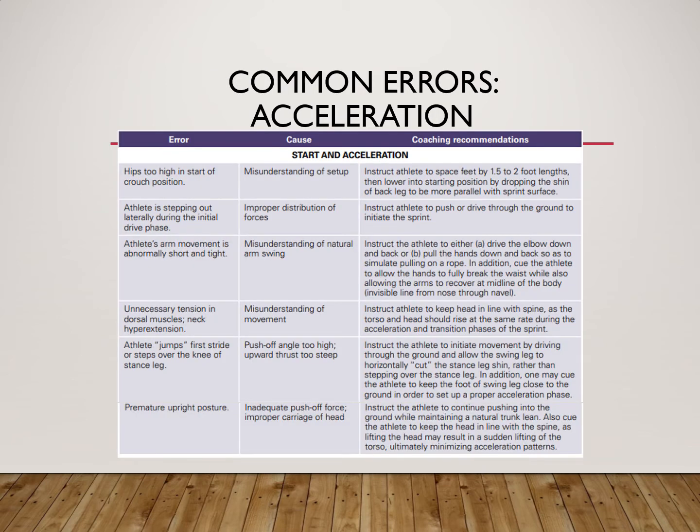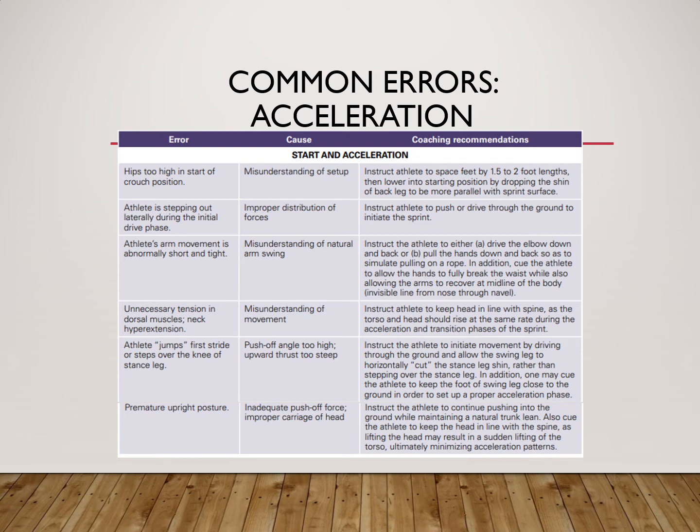Now, some common errors that can be found are listed here. Obviously, you can read these in a lot more detail in your own time, but a key thing to think about is hip position. If the hips are too high, it can lead to an inefficient application of force into the ground.